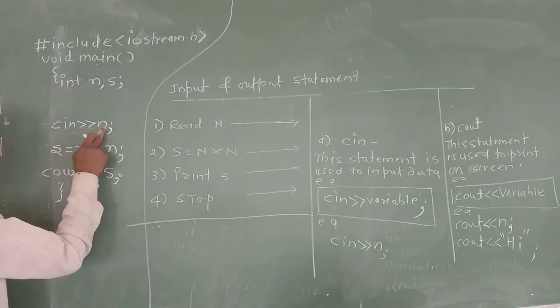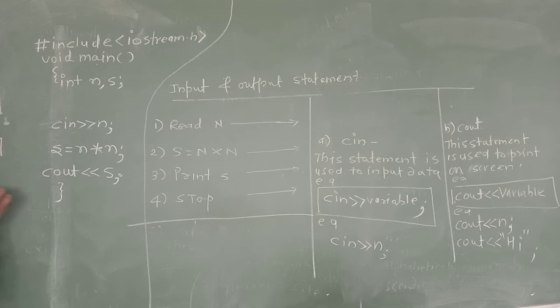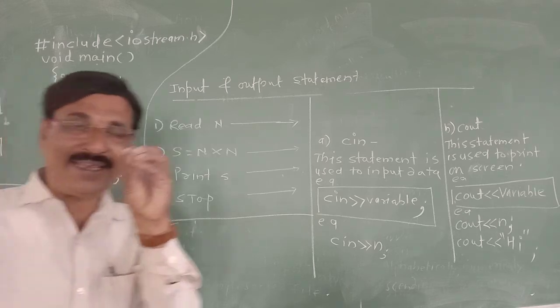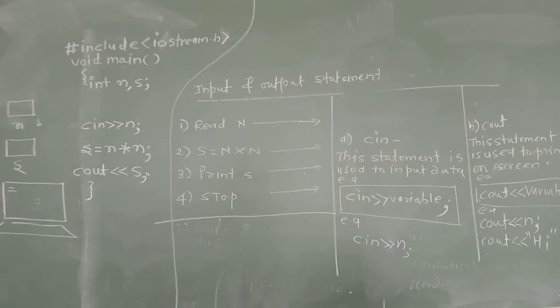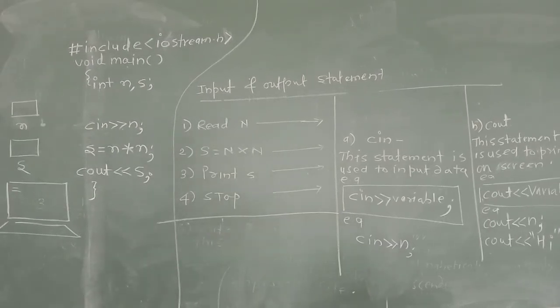Now, because of cin, there will be a blinking cursor on the screen or monitor. Now you can ask the question: what is meant by a blinking cursor? The blinking cursor stands here. You can input, suppose, 5.